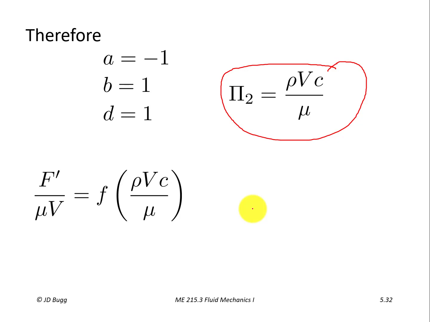If we were looking at the settling of very, very small particles in a fluid or in a gas, and that phenomena was dominated by viscous forces, it turns out that this is actually a very good way to non-dimensionalize or to characterize the drag force on those objects, because we're using the viscous force here to non-dimensionalize it instead of the dynamic pressure, which is the convention in aerodynamics.